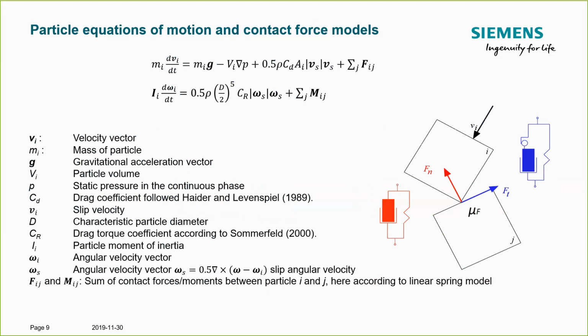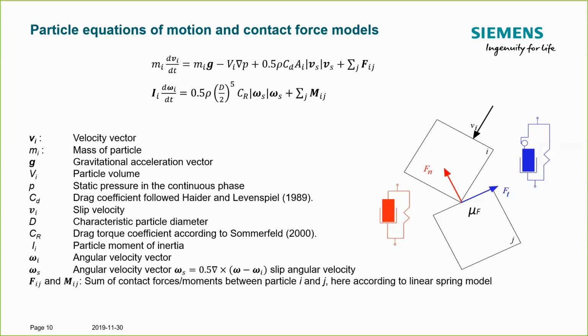So let's look at how this is being modeled. You can see here an overview of the particle equations of motion, and I want to draw your attention to the right-hand side graphic, which shows that the contact force between two particles, these two rectangles in the schematic, is made of a normal force and a tangential force. For the normal force, as one option, there is a simple linear spring model, so there's a spring and a damper element.